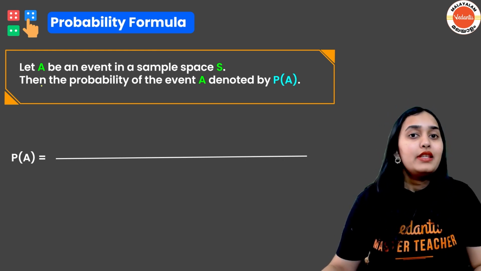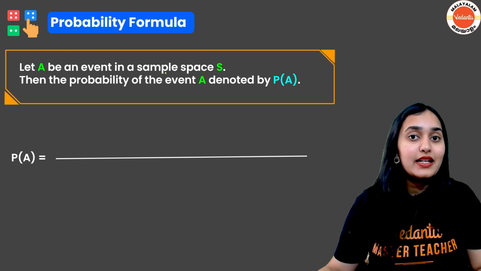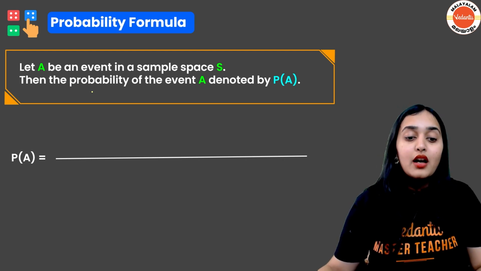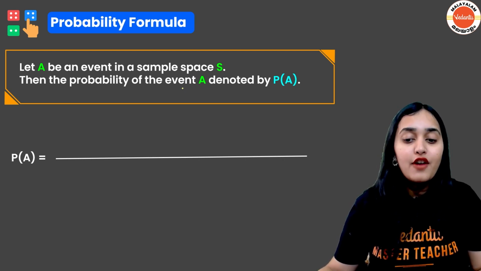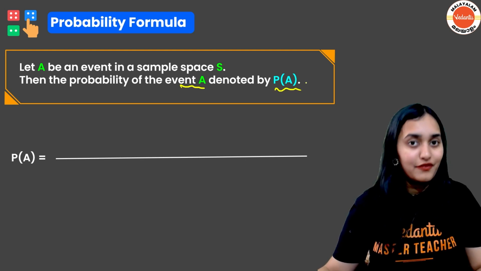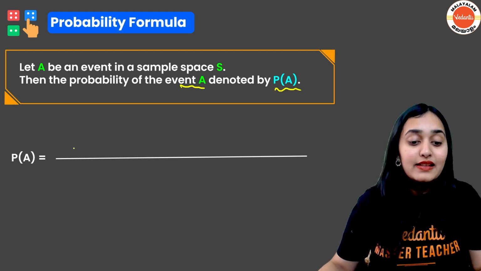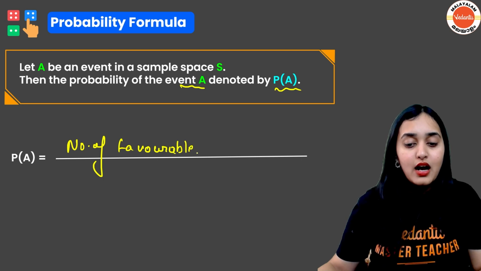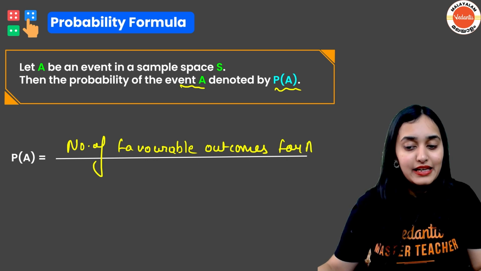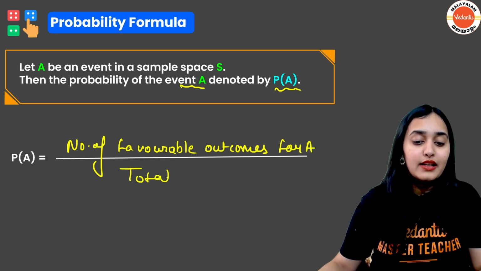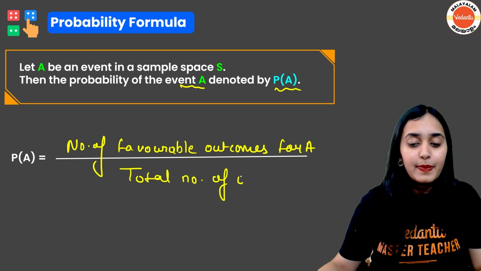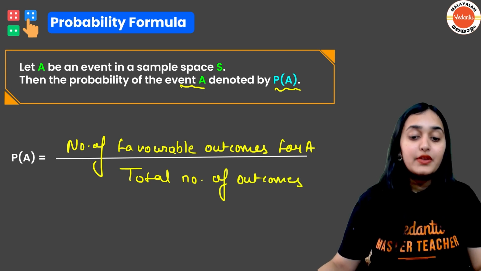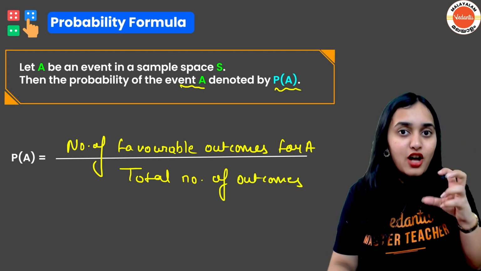Let's say that A is an event in the sample space S. Now, the probability of the happening of event A will be denoted by P of A, and the formula says: number of favorable outcomes for A event out of total number of outcomes. Okay, so you might have a set of favorable outcomes.